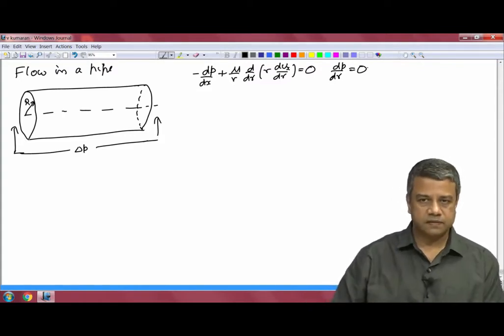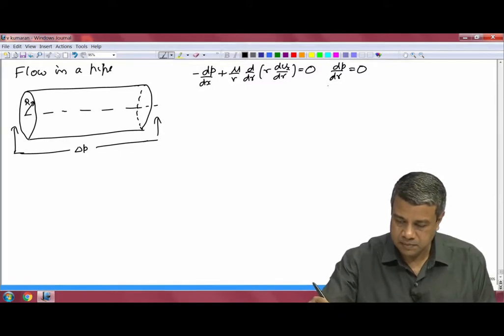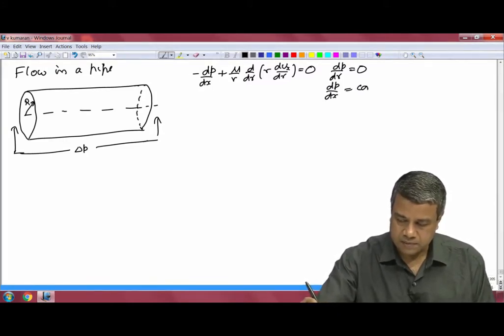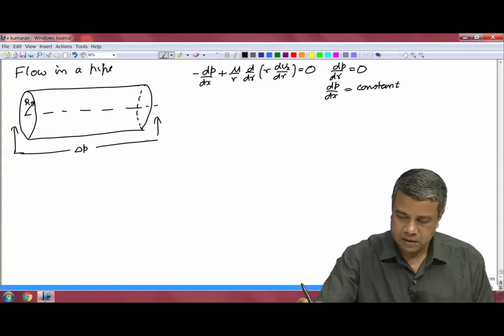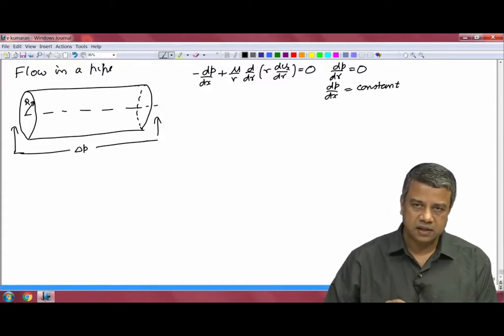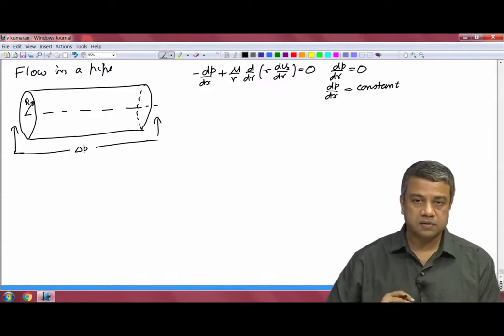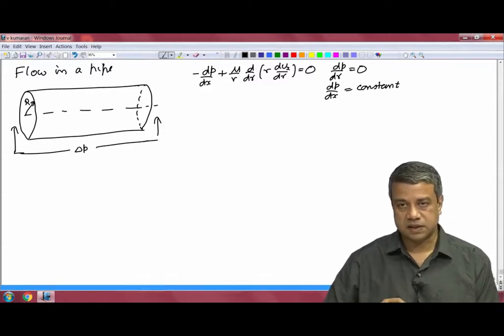P was not a function of r, it is only a function of x, and dP by dx is equal to a constant. We showed that by taking another derivative of this momentum equation and showing that d square P by dx square is equal to 0 in this case. Therefore, P is only a function of x because it is at steady state.